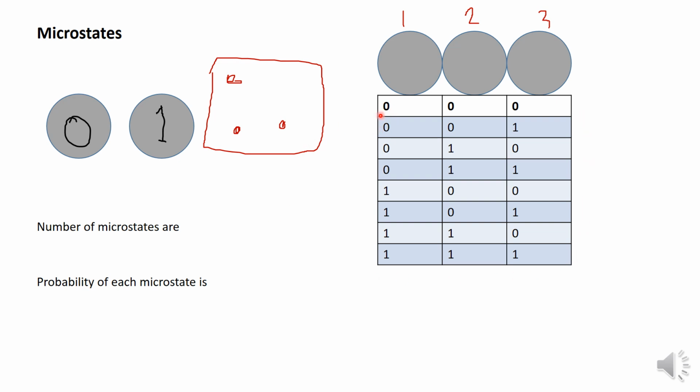These are 8 in number: 1, 2, 3, 4, 5, 6, 7 and 8. How are these 8? Because there are only two velocities, either 0 or 1, and there are 3 particles, so 2 raised to power 3 is 8.